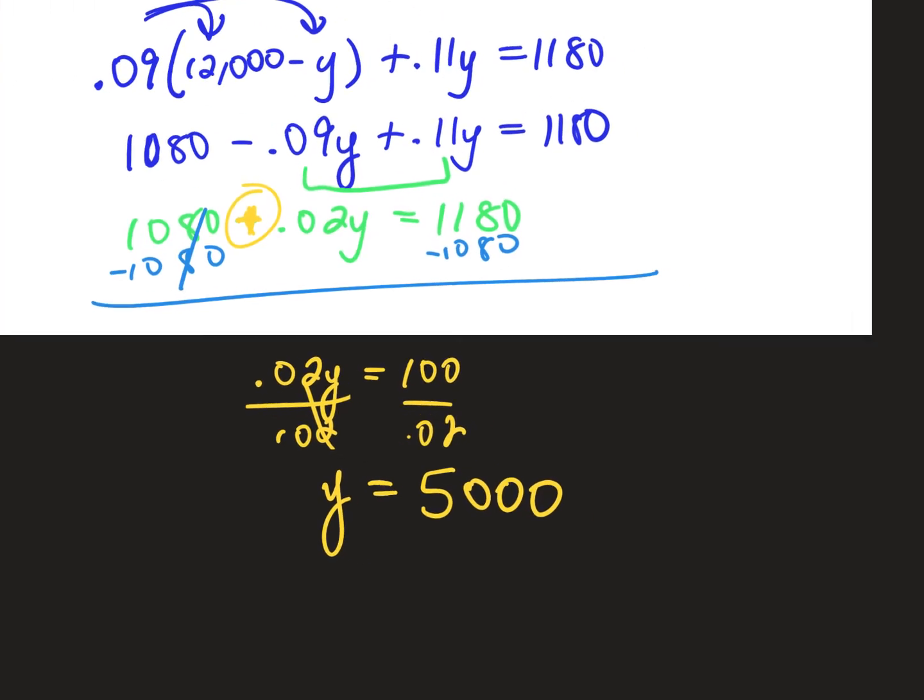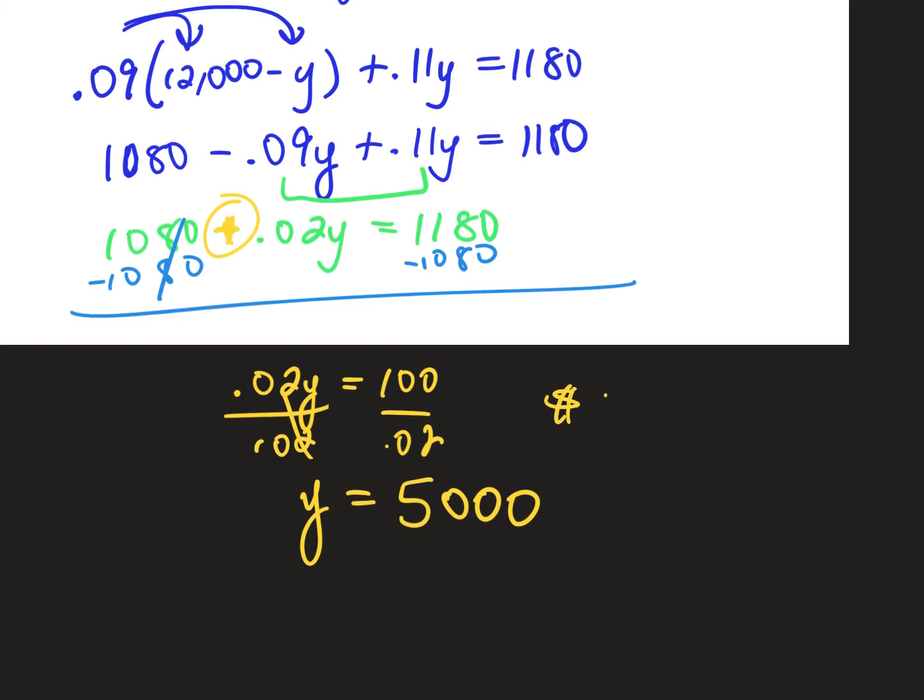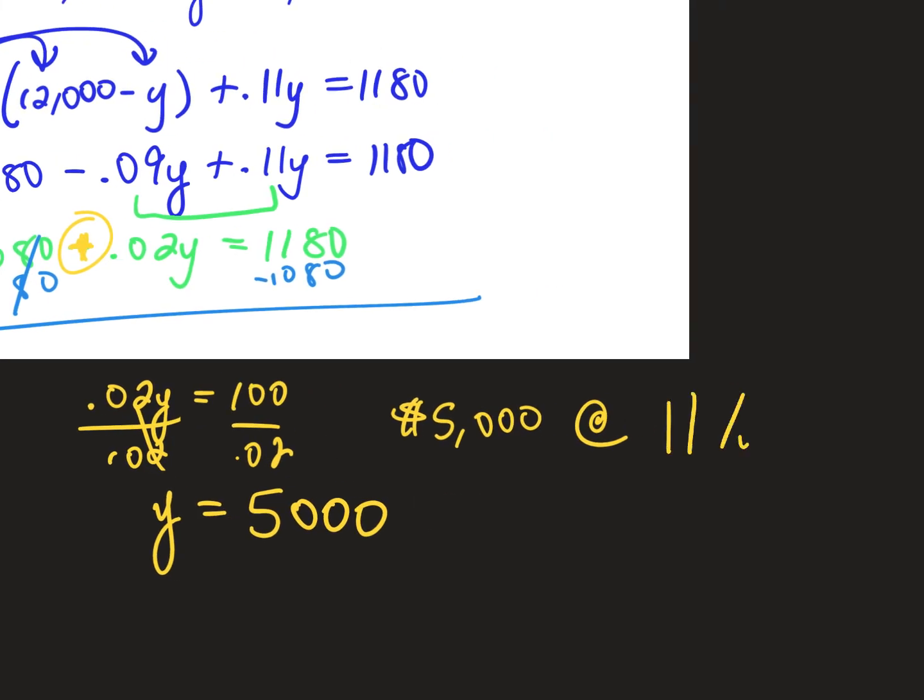So if I had to answer that in a real world situation, you guys would tell me that $5,000 was invested at what percentage rate? What did you make y? 0.12. Anybody, what did you make y? 11%. So how much did you invest at the 9%?